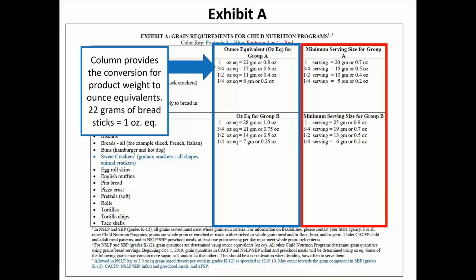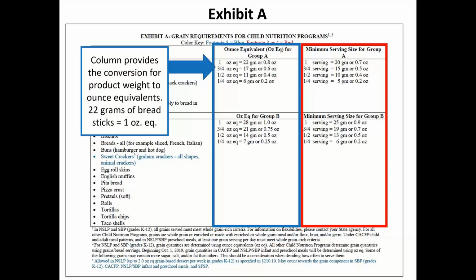What's interesting is that if you compare this column to the minimum serving size column on the right-hand most side, that's the one that's highlighted in red right now, you will notice that 1 ounce equivalent and 1 serving only has a very slight difference in gram weight. For Group A, 1 ounce equivalent is equal to 22 grams. If you look under the minimum serving size, that's the section in red, 1 serving is equal to 20 grams before.